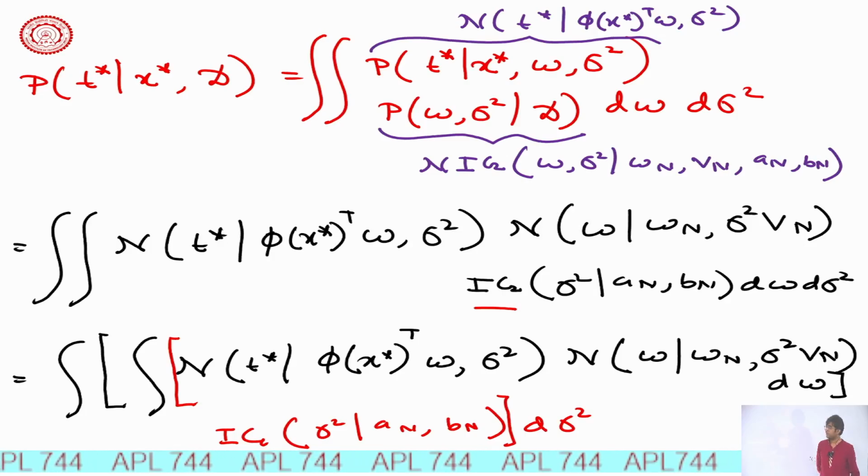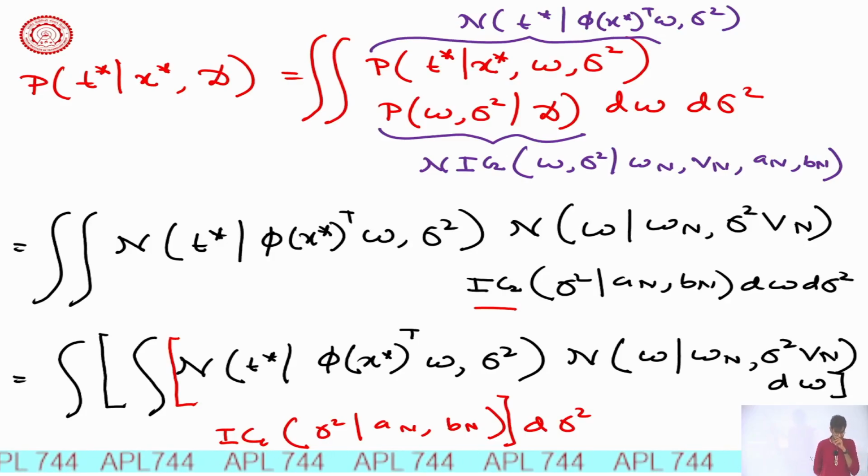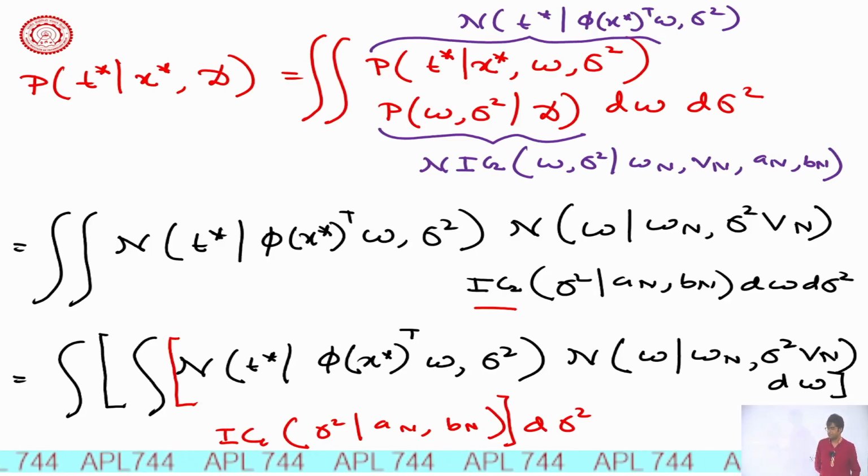Now tell me, what is that inner integral? The black integral over dW, ignore the red part, without even integrating, can you tell me what that distribution will be equal to?